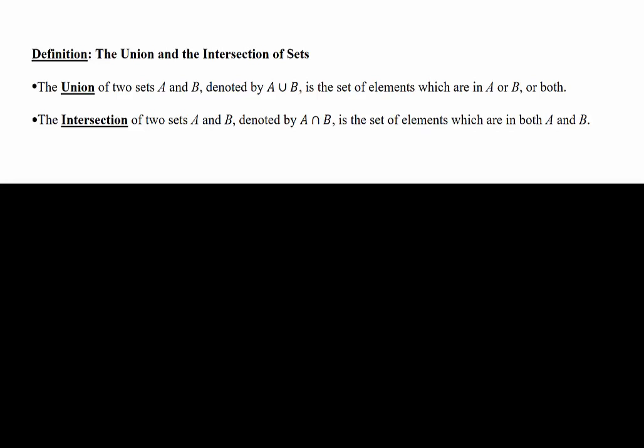That symbol, that U looking thing, is the union symbol. And this set, A union B, is the set of elements which are in A or B or both. So it's just all of them thrown into the same bag. That's what a union is.